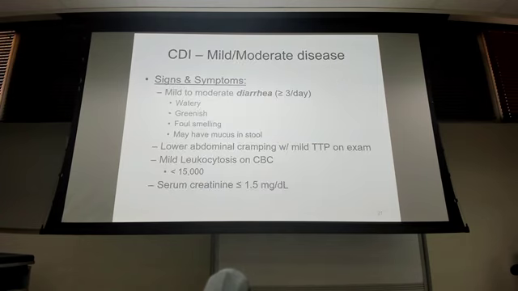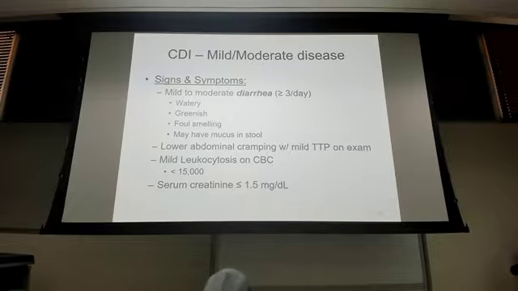Signs and symptoms: watery diarrhea, very foul smelling stools. Foul smelling sometimes we associate with malabsorption type diarrheas, but here it's watery with abdominal cramping and mild leukocytosis. May have a little mucus in the blood in the stool.